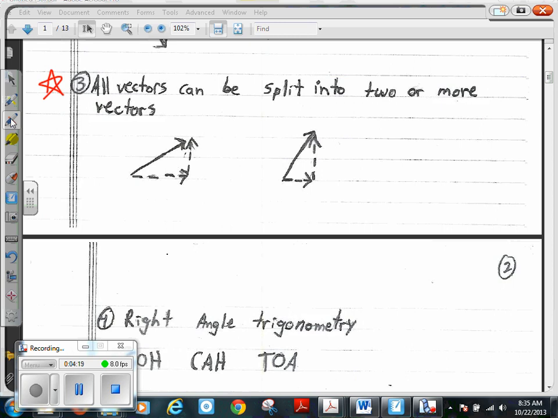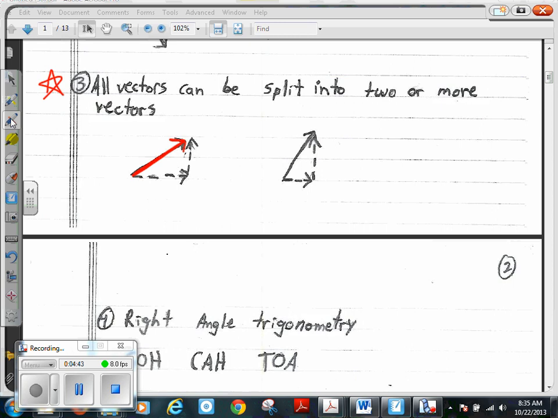So, for instance, this is the vector that we're going to talk about. Now, if we were going to do some math with this vector, most of the time, unless there's no change in one of the components of the vector, we want to split this up into a right triangle.